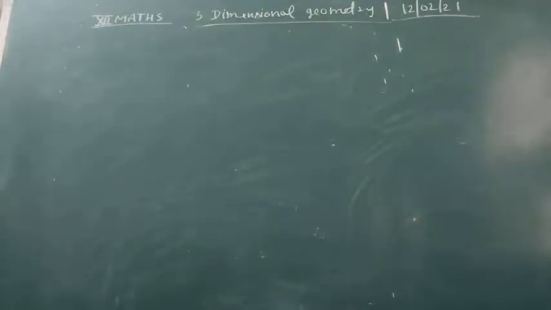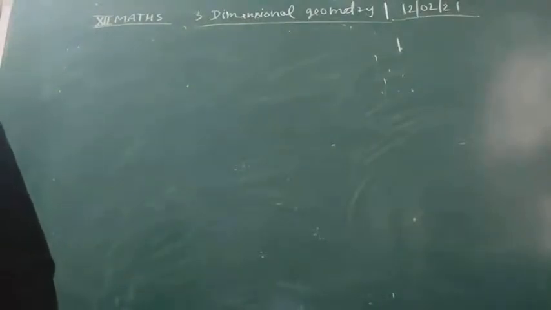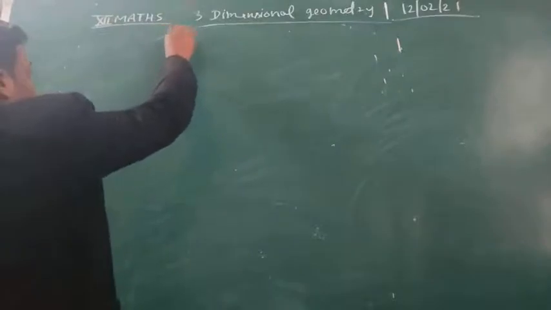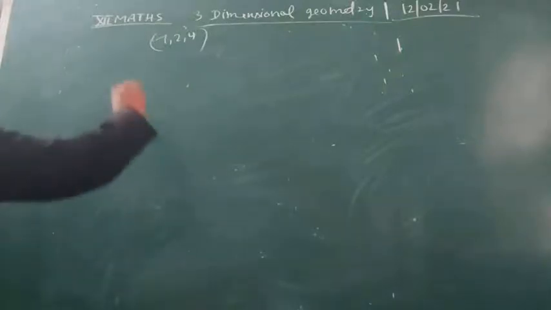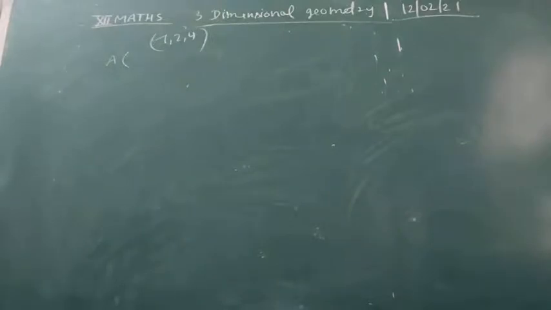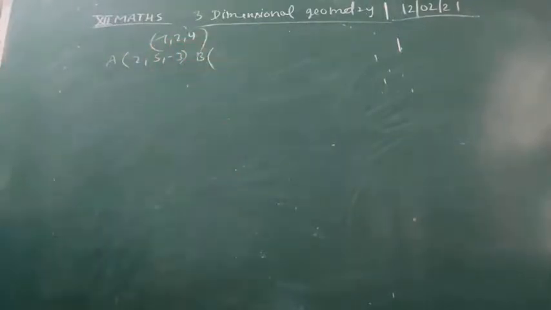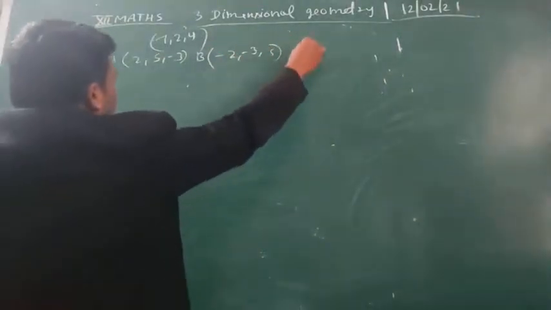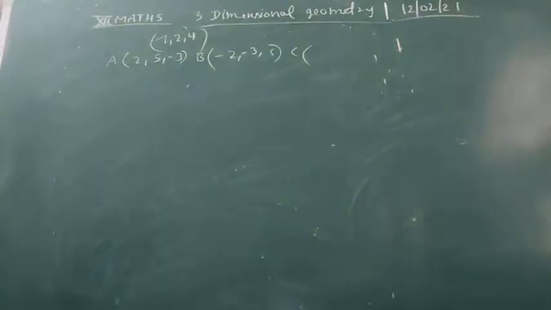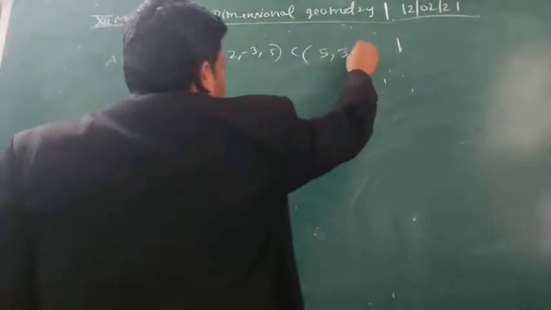Find the distance between the point and the plane determined by the points A, B and C. We have to find the distance between the point 7, 3, 4 and the plane determined by the points A, which is 2, 5, minus 3, B is minus 2, minus 3, 5, and C is 5, 3, minus 3.